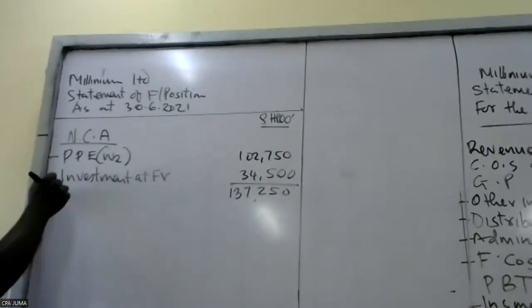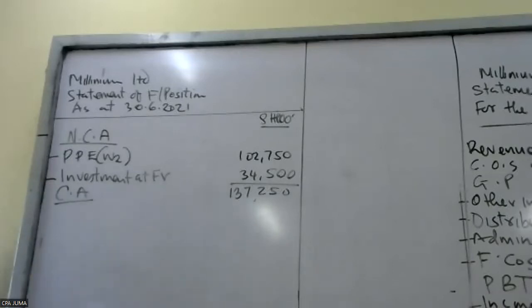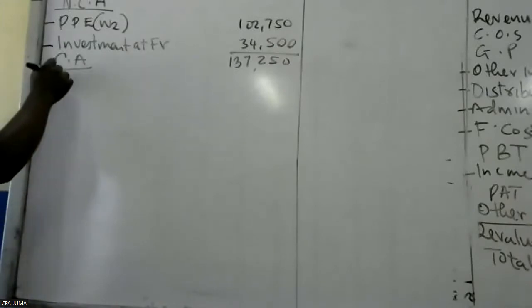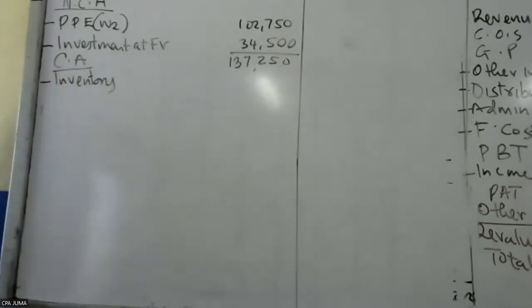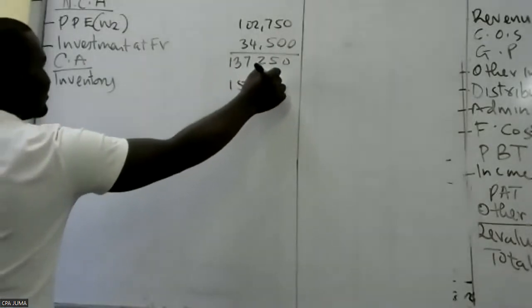Current assets. So current assets, we have inventory. Inventory, the closing one, 15,970.